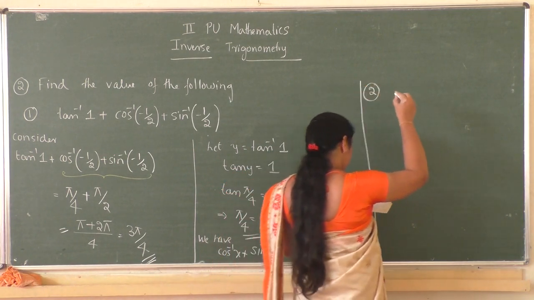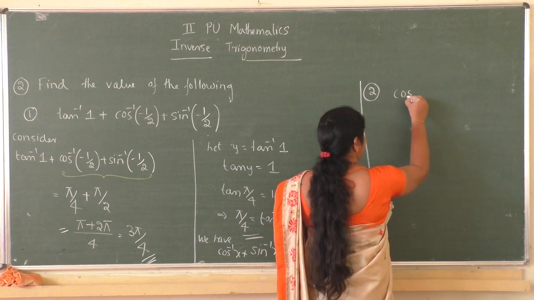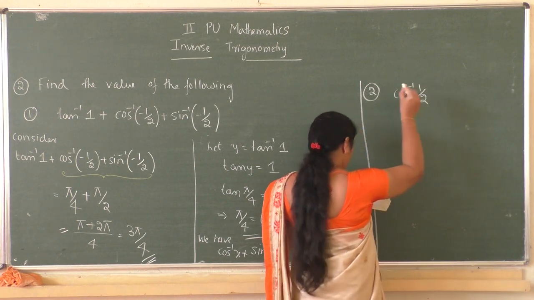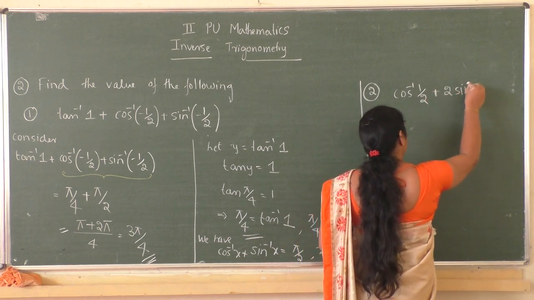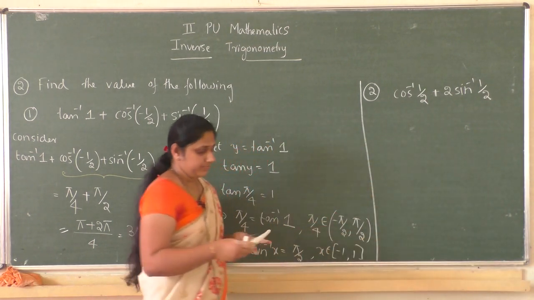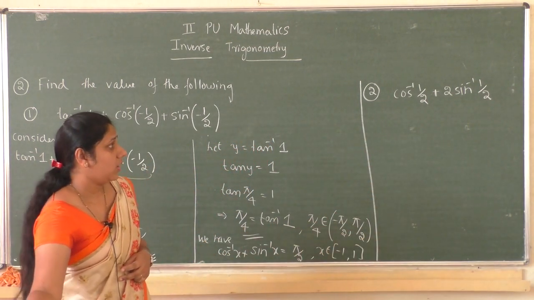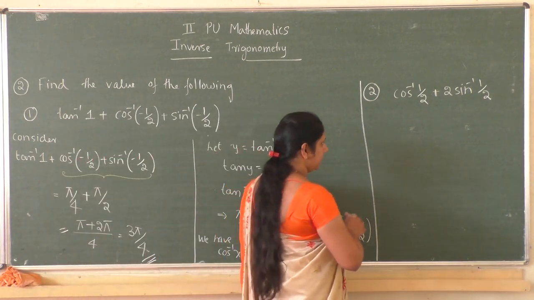Now second question. Find the value of cos inverse half plus 2 sin inverse half. Second question, cos inverse half plus 2 sin inverse half.